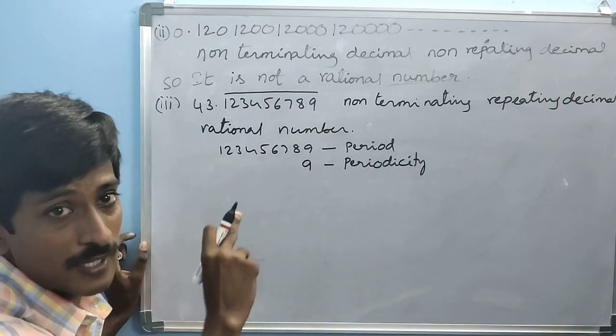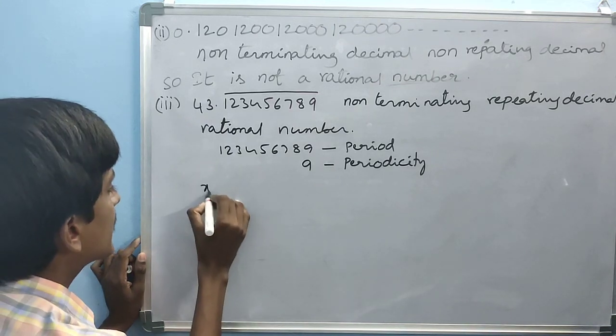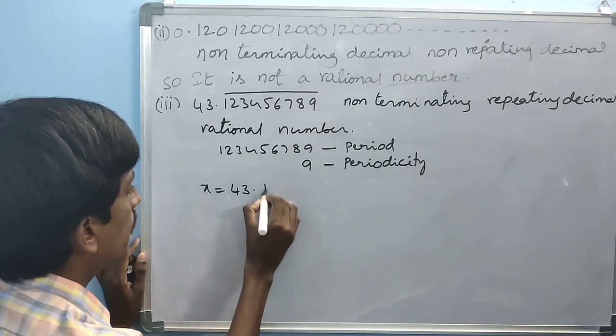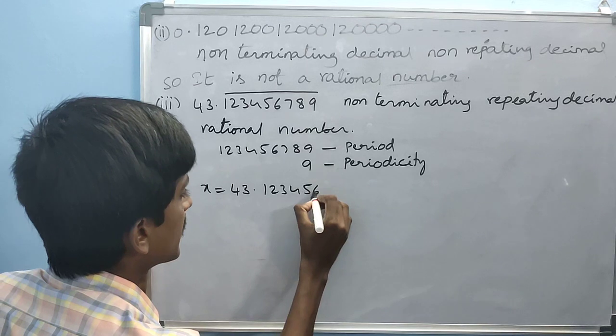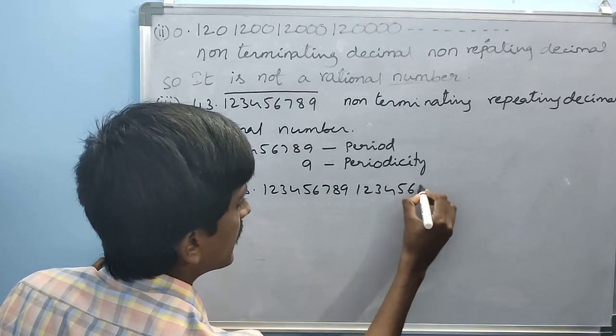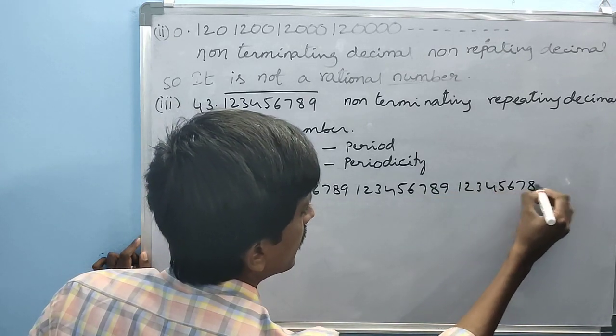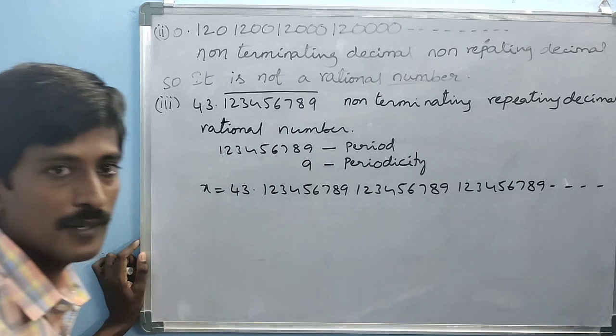So x equals 43.123456789 123456789, and so on.